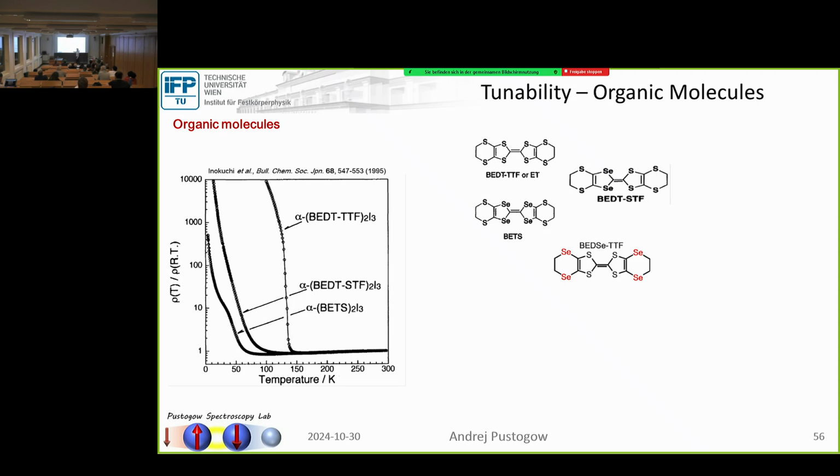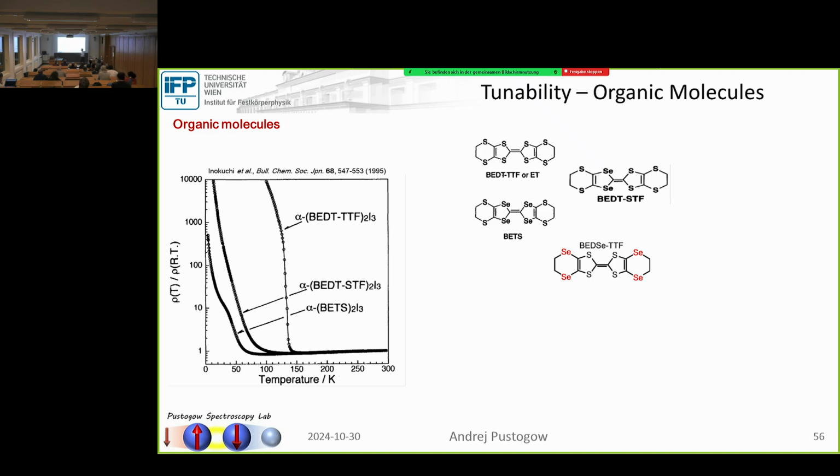So if we have here a material which has a charge order transition, this alpha triiodide sample, the common sample is at 136. Then if we put this one with only 2 seleniums, it is around 100 Kelvin, and if we make 4 seleniums, then it is suppressed to 70 Kelvin.